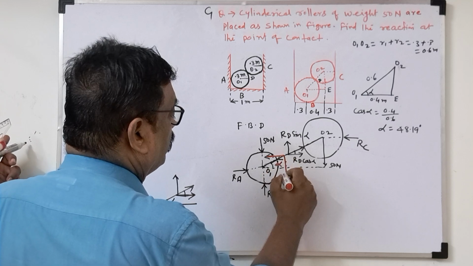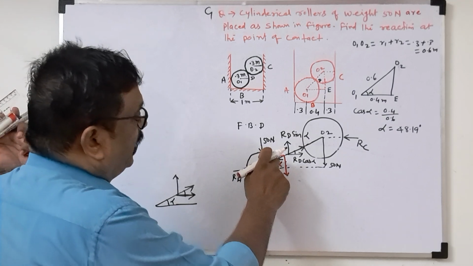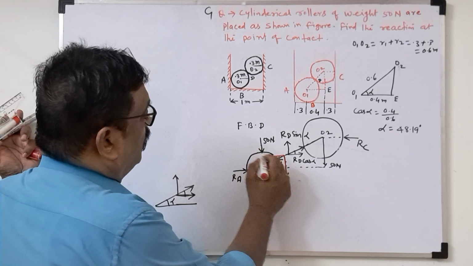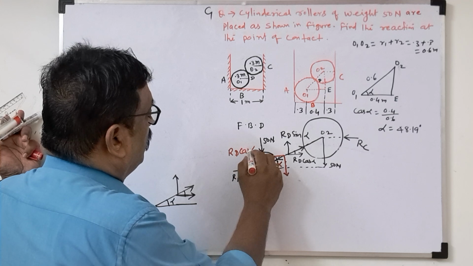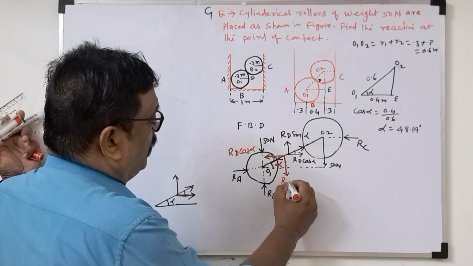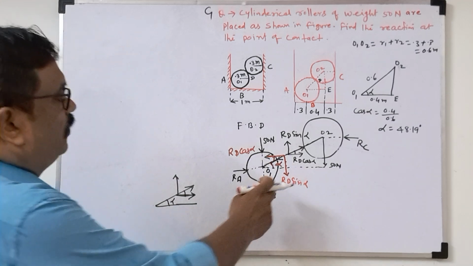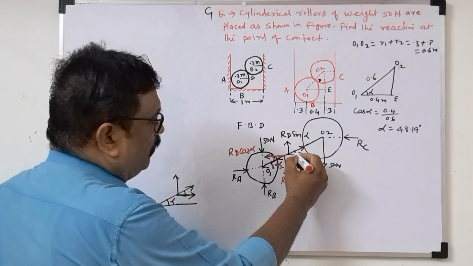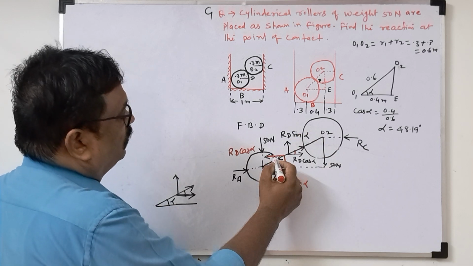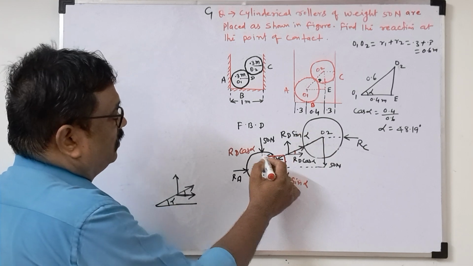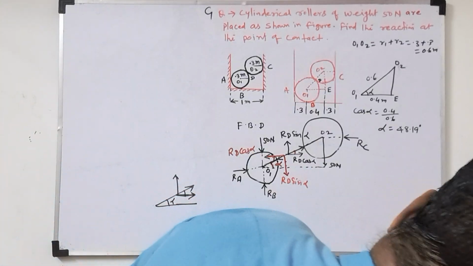Here again the components are RD cos alpha and RD sin alpha. Why is this sin and this cos? The near angle is always the cos component, and the far angle is the sin component. So we have resolved everything.